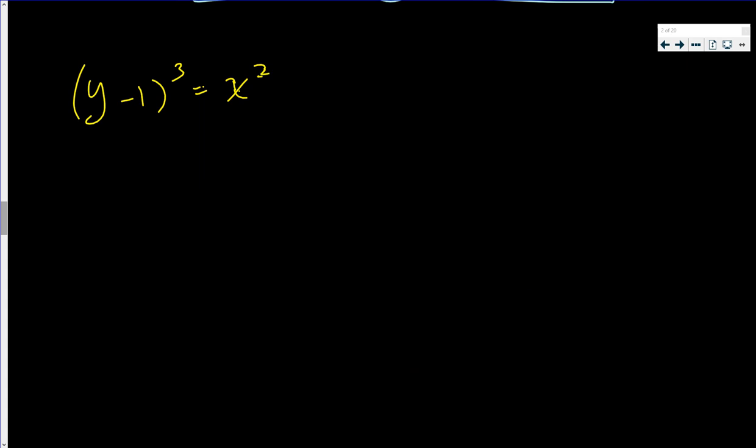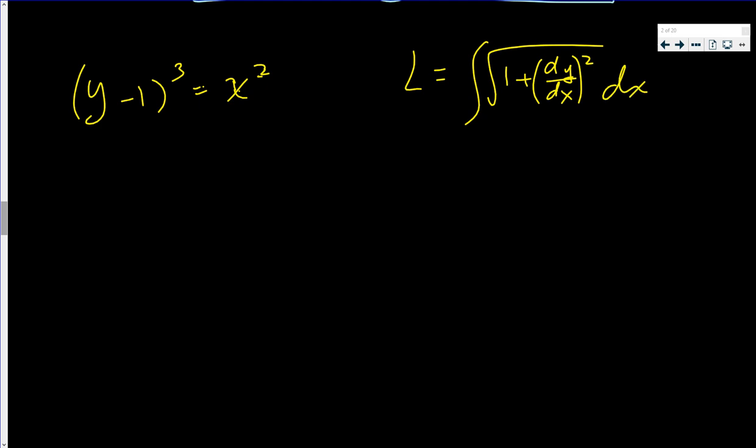Now, keep in mind that the arc length is the integral of the square root of 1 plus (dy/dx) squared, dx, but it also equals, thing is these limits will be different, the integral from c to d of the square root of 1 plus (dx/dy) squared, times dy.